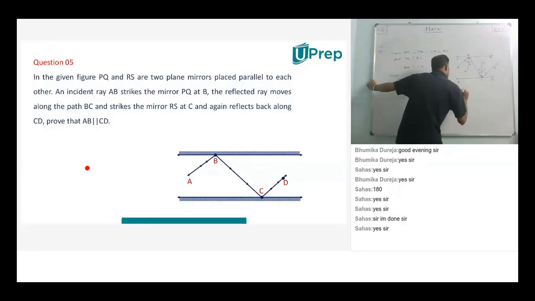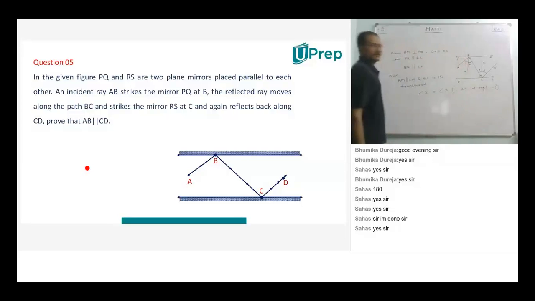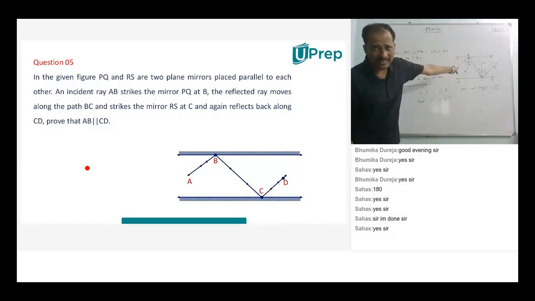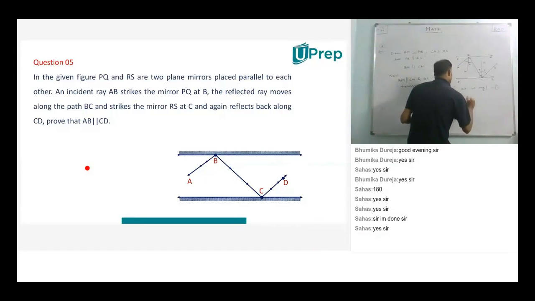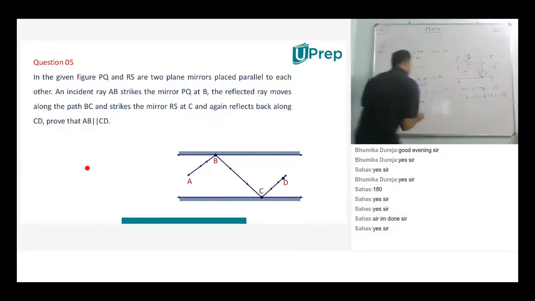Why? Alternate interior angles. Mark it as equation 1. But angle 1 is equal to angle 2, since the angle of incidence is equal to the angle of reflection. Mark it as 2.